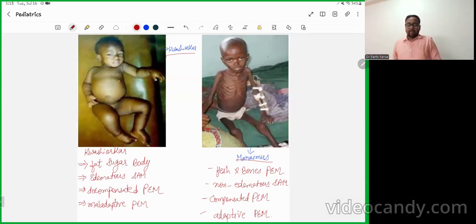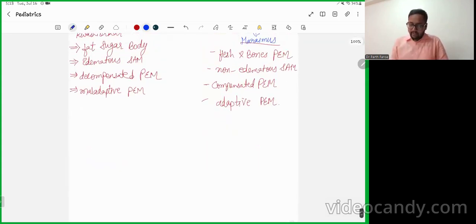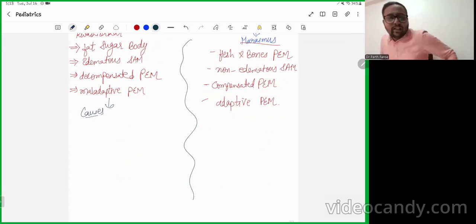Okay. Let's continue further. What are the causes of kwashiorkor? Let's start with the causes. You may draw a table in a nutshell like this. Yeah, you can, it depends on you. Causes.